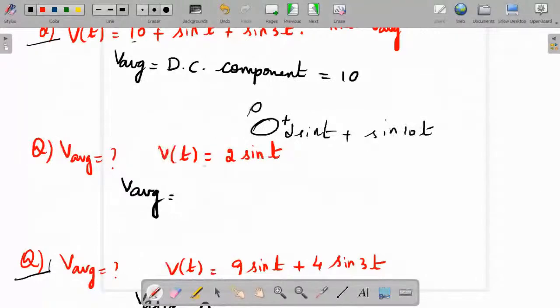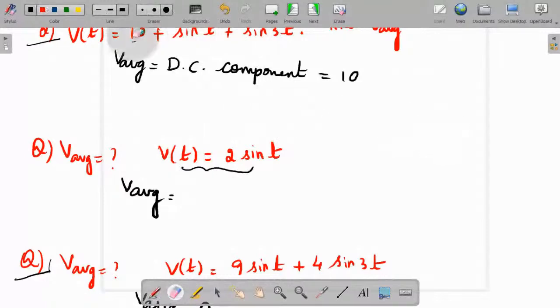But this is a pure sinusoidal signal, so we will not use this concept there. Instead we have to use the direct formula we have seen for a sinusoidal signal.